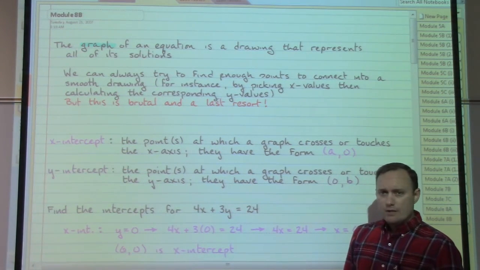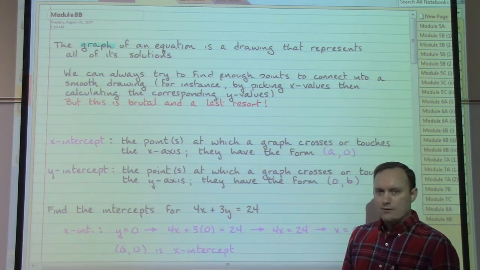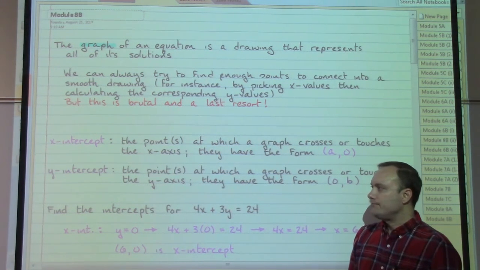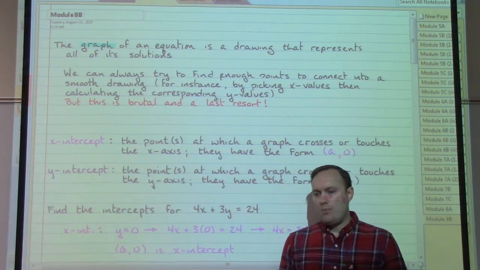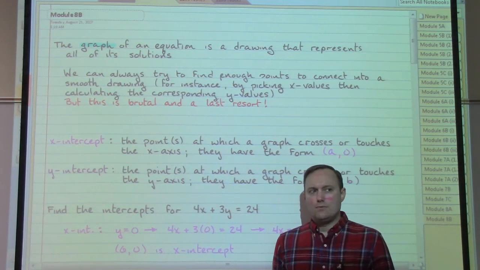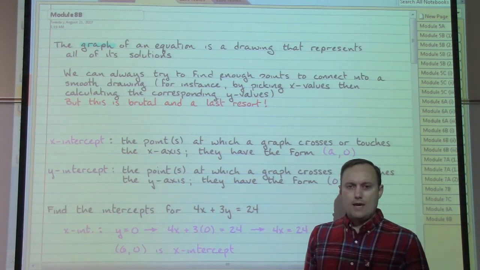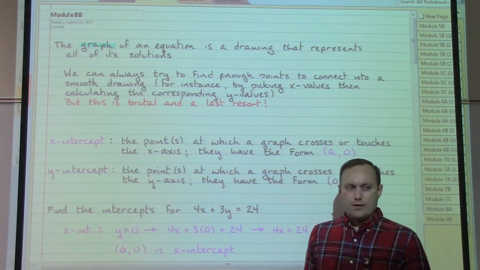But for right now, dealing with lines, things are going to be pretty limited in the way that they end up appearing. By using the slope and the Y-intercept, we have a much nicer way of being able to create these drawings.